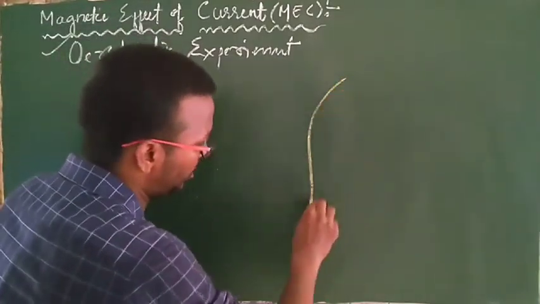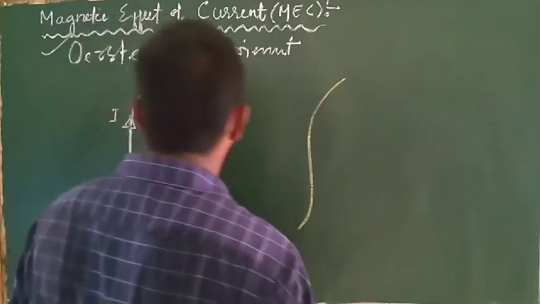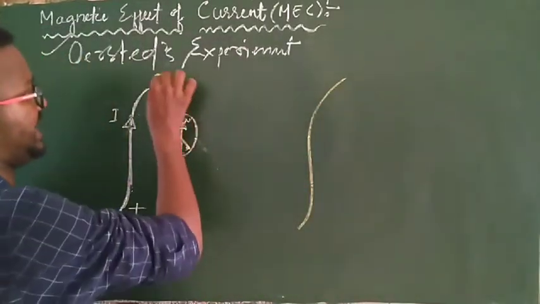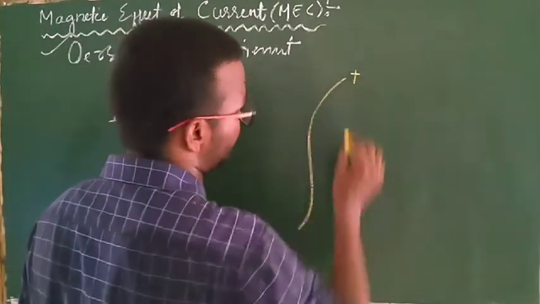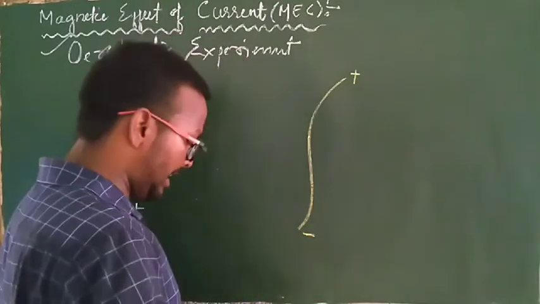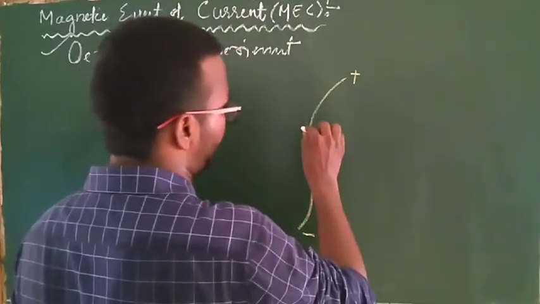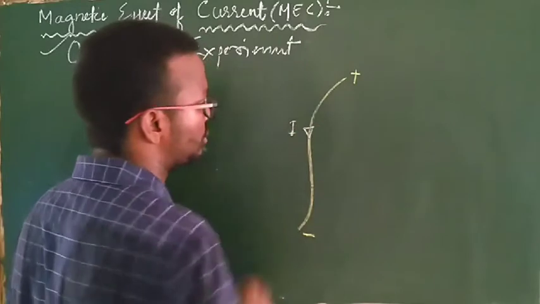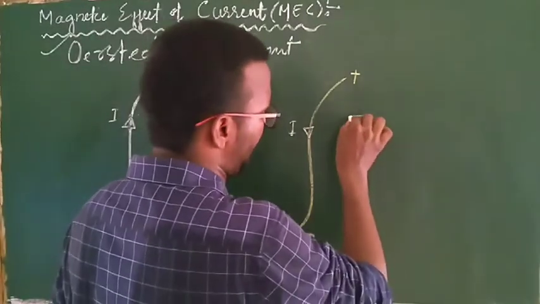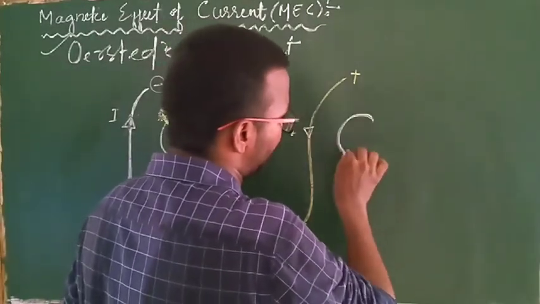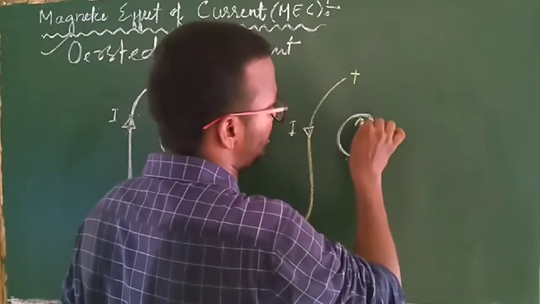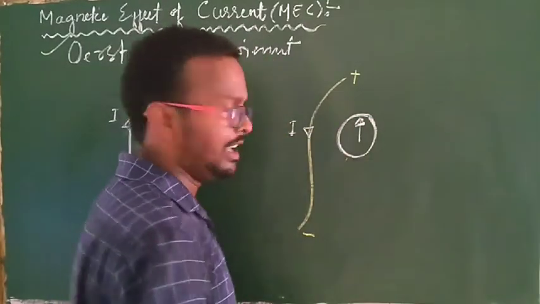Similarly, this is the current carrying wire and we can change the polarity. This is negative and we change it to positive, and this is negative, and this is the direction of current. So in this case, if we take a magnetic needle, this is the initial situation when there is no current.